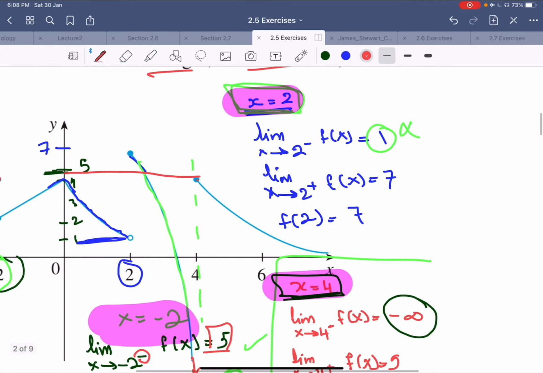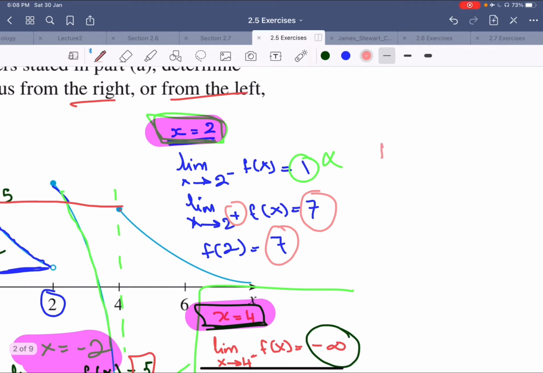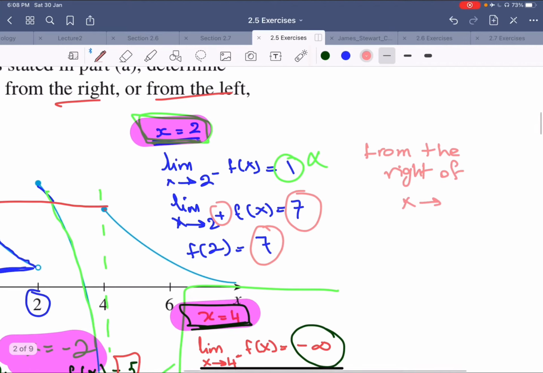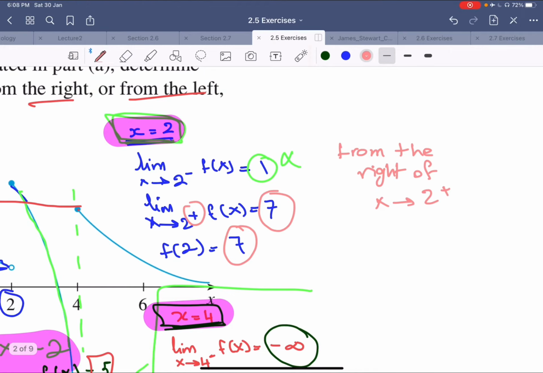Coming to x equals 2, we notice we have 7 and 7, and the image ends from the right. So here we say continuous from the right, meaning as x approaches 2 from the right, because the limit equals the image.